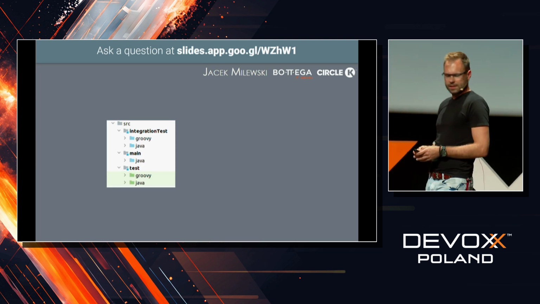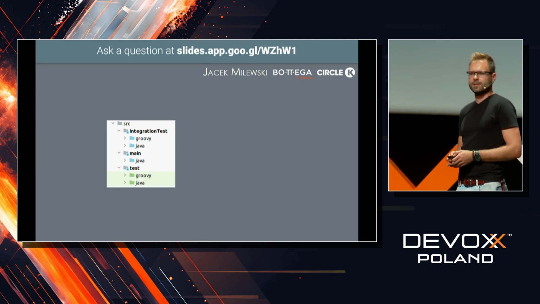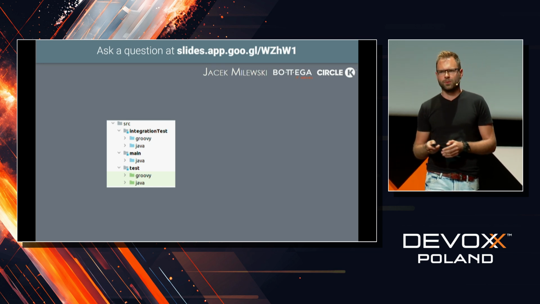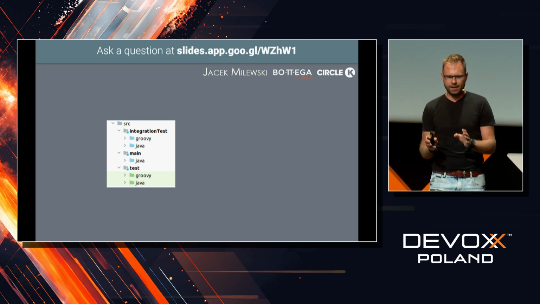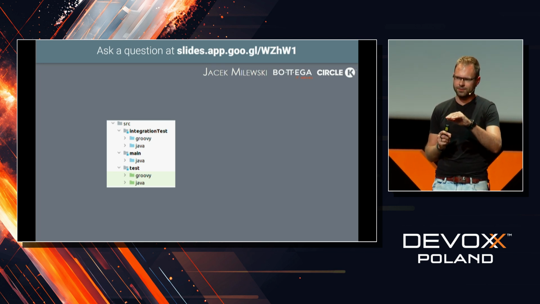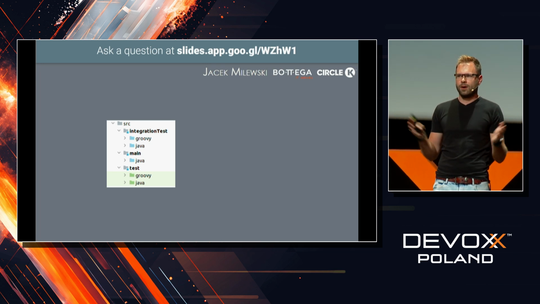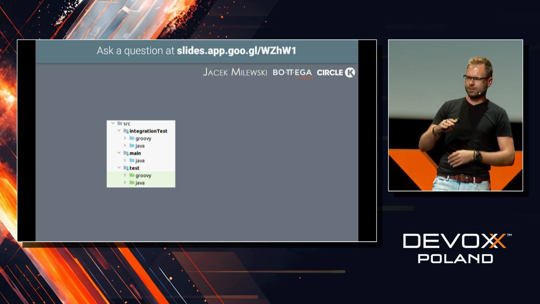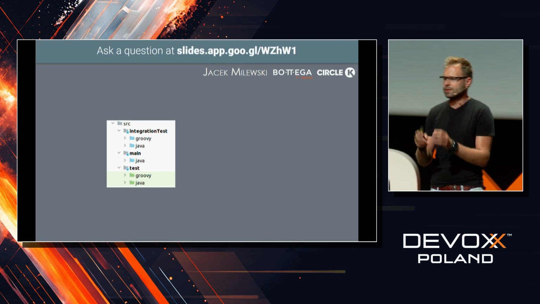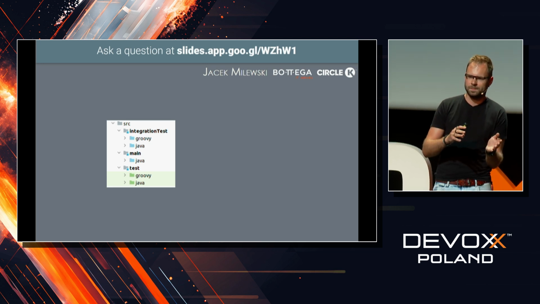Okay, testing is simple because you have a simple choice to make. When you're writing a new test case, you choose either src/test or src/integration-test. You have two directories. One is starting Spring and another is not starting an app. So the only decision that you're about to make is whether you need Spring in this test or not.